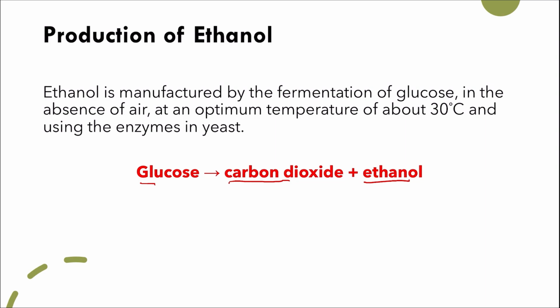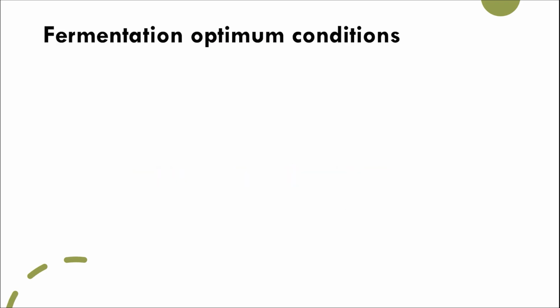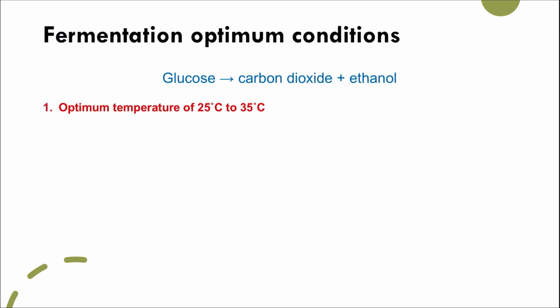Yeast is a type of single-celled fungus which provides the enzyme needed for the fermentation. So the optimum temperature for the fermentation is between 25 and 35 degrees. This is an enzymatic catalytic reaction.